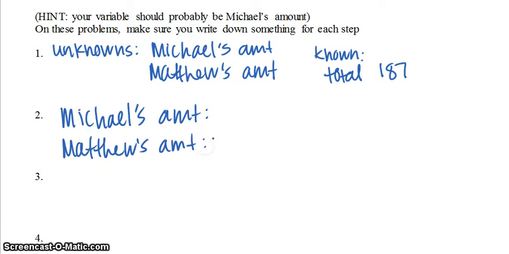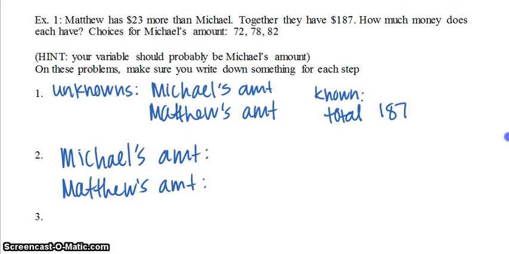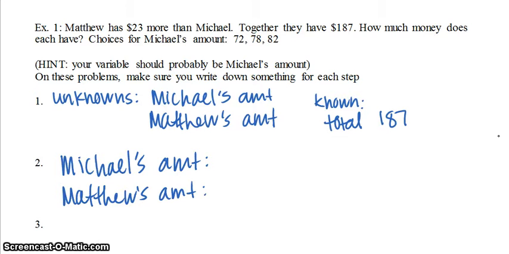And we have a hint right here: your variable should probably be Michael's amount. Why? Because that's what we're going to be plugging in right here. If our variable is Michael's amount, we can easily plug these in. So that's a great way to tell you which one you should use. So I'm going to use M for Michael.